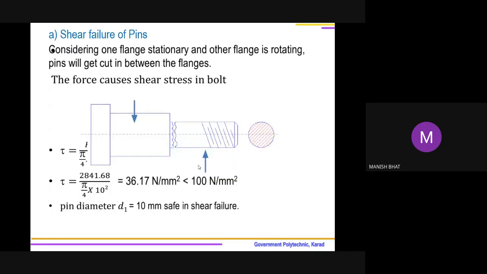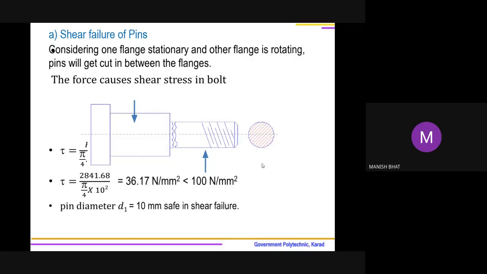We know that there is shear failure. The threaded portion is inside one flange, whereas the enlarged portion is inside another flange. This flange is going to push it, whereas the other flange is stationary. Likewise, force is acting, causing shear failure. So diameter D1 will be sheared off. And what is the area resisting?